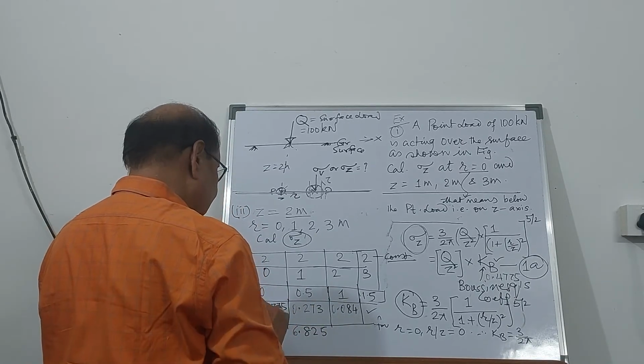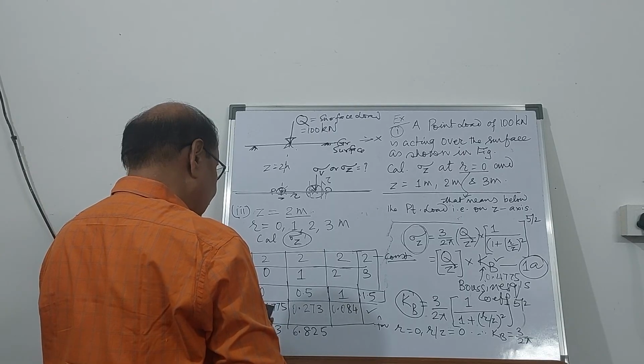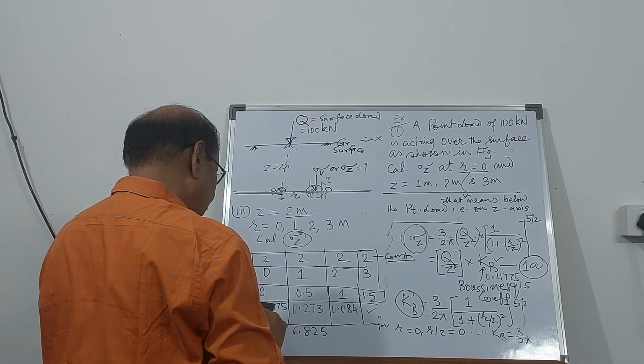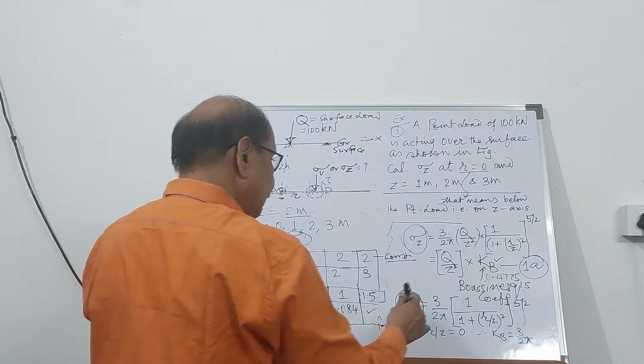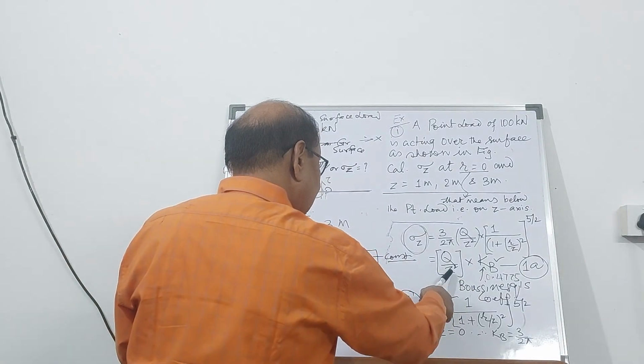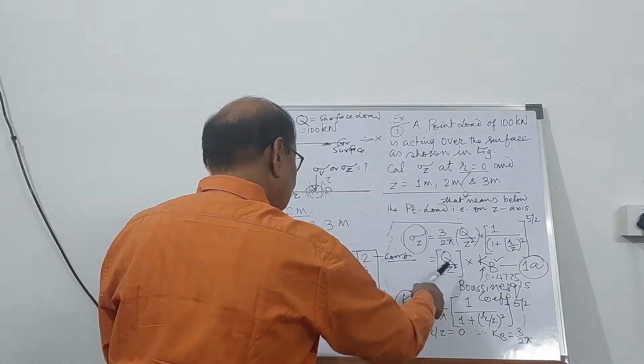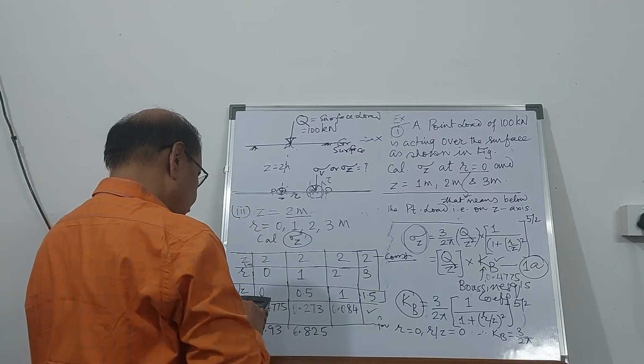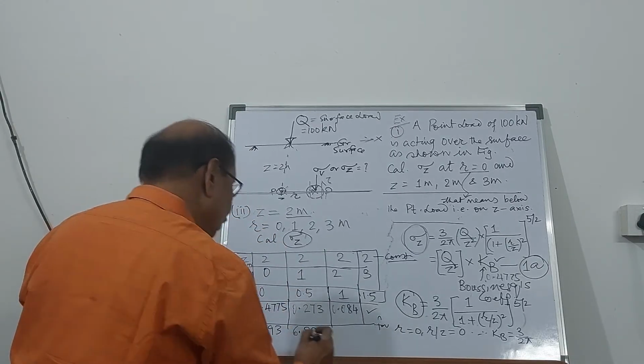Now Kb is 0.084 multiplied by 100 divided by 4, that is 25, equal to 2.1.